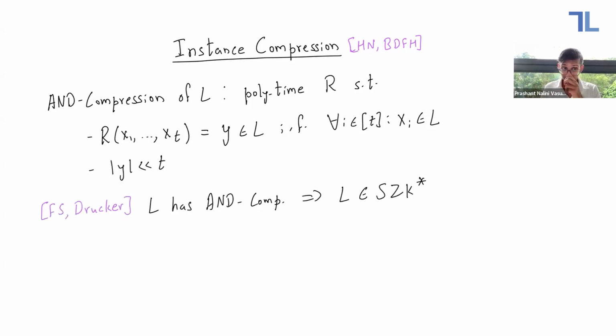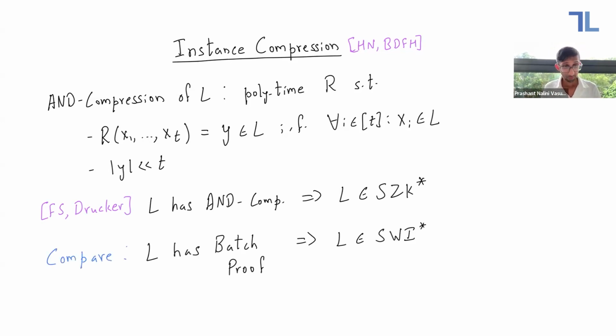And there, a series of works by Fortnow and Santhanam and Andrew Drucker showed that any language that has this kind of compressing reduction has to be contained in SZK, with some caveats, actually the same caveats that we have.